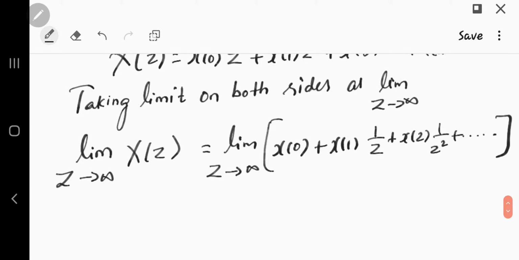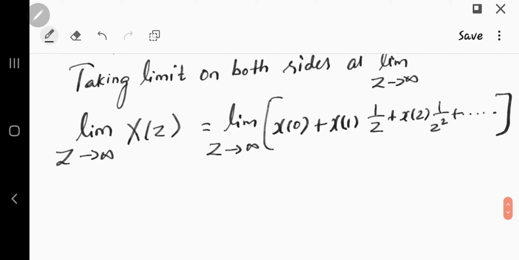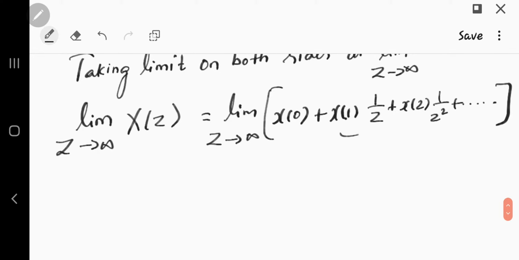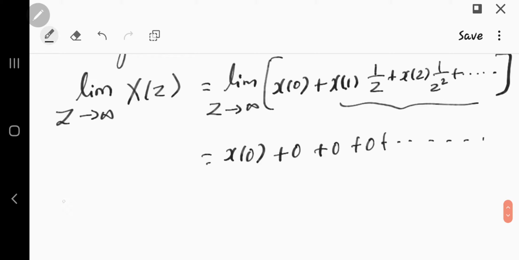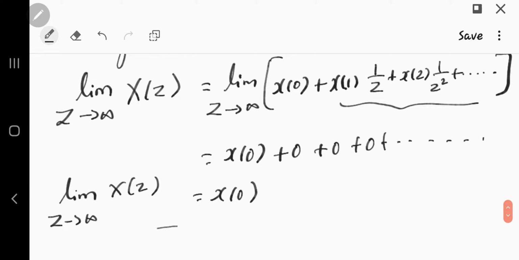Now 1 by infinity is 0, 1 by infinity square is also 0. So you will get 0 for these terms when you apply the limit. So you will remain with x of 0 plus 0 plus 0 all the way to infinity. So limit z tends to infinity of x of z is equal to x of 0.